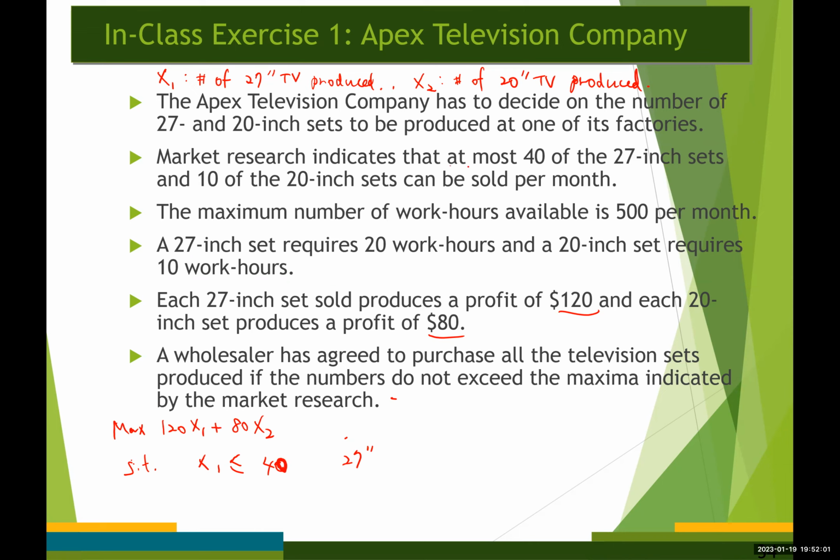That's going to be at most 40. That's why x1 has to be less than or equal to 40. Likewise, our second constraint is x2 is less than or equal to 10. That's for the 20-inch TVs sold each month, okay?